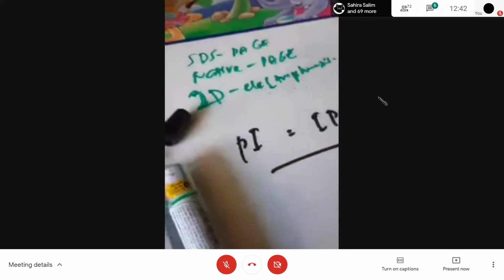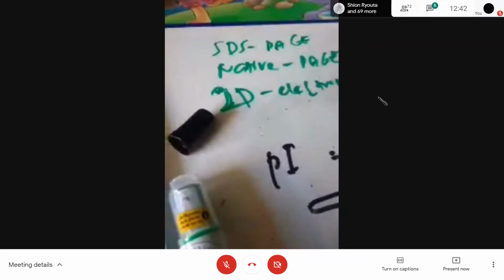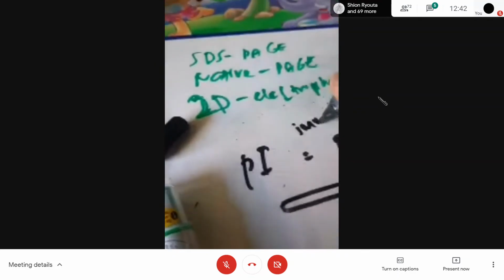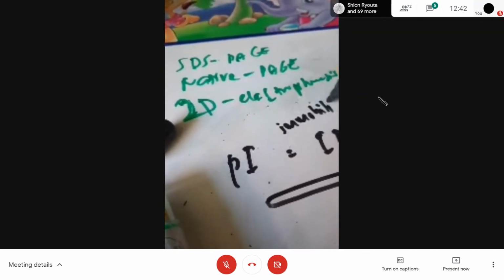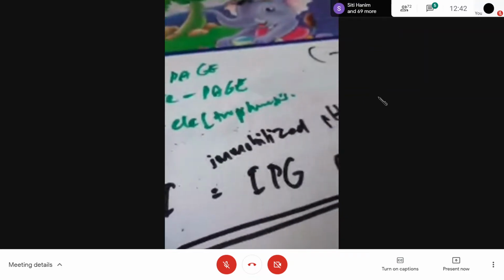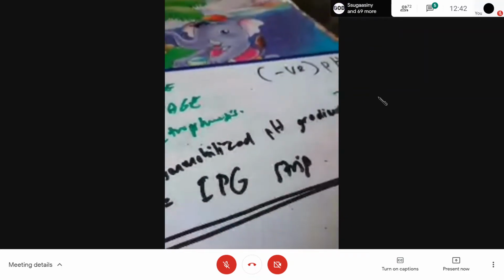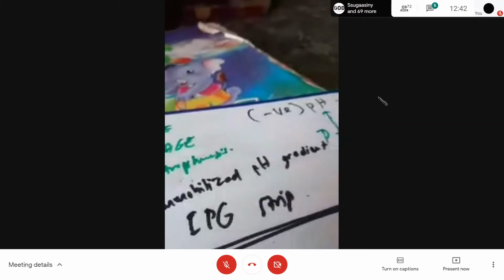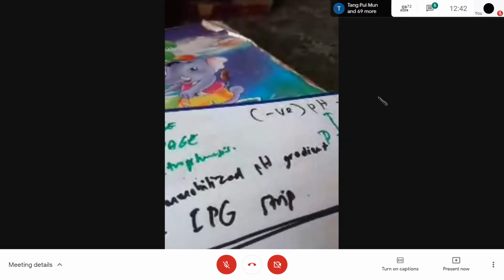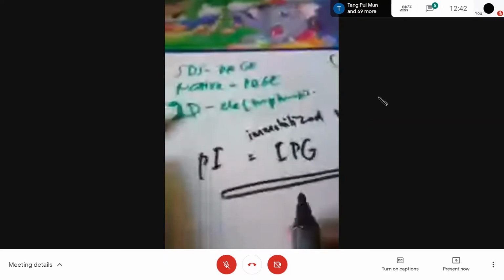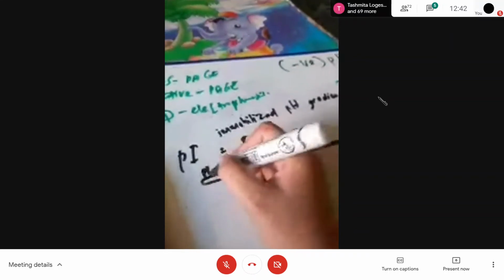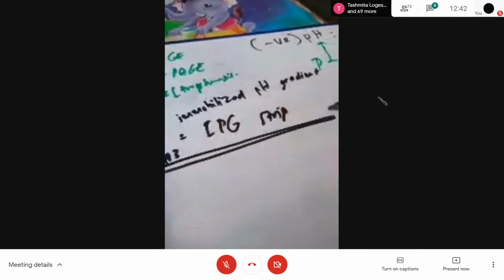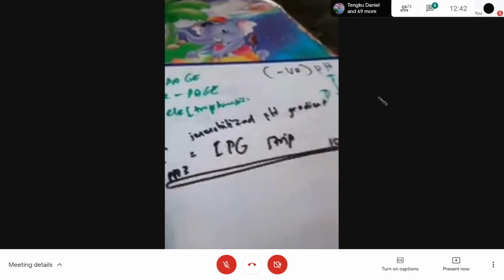IPG stands for immobilized pH gradient. So this IPG strip will come in a pH range, for example pH 3 to pH 10.